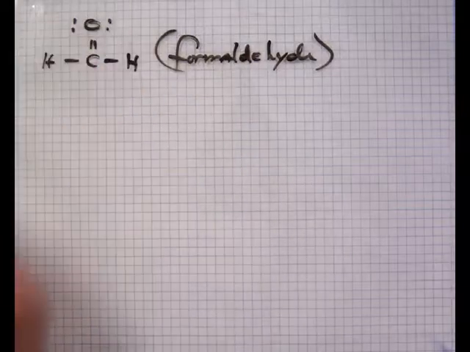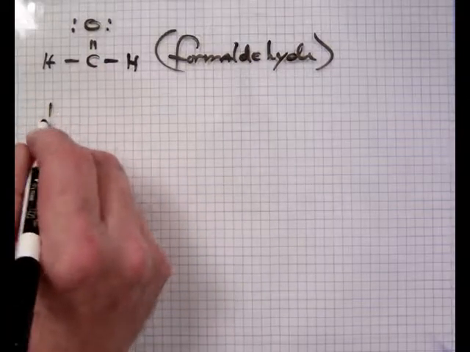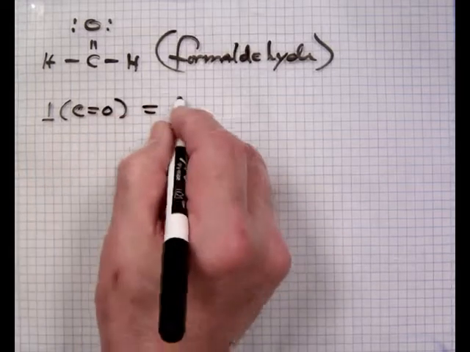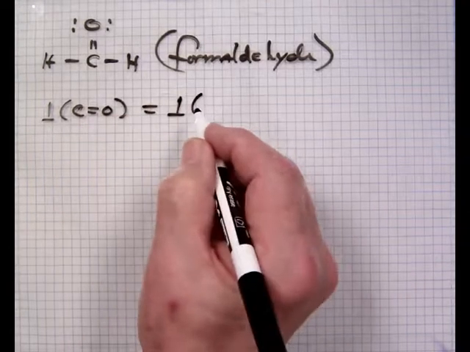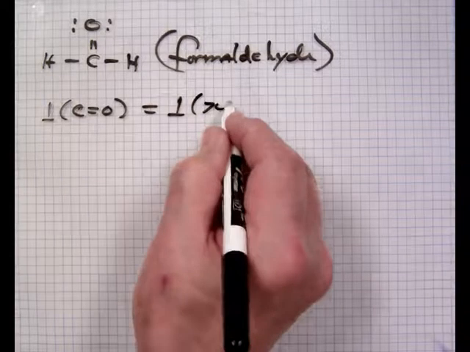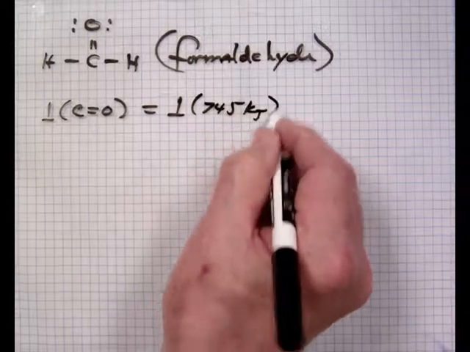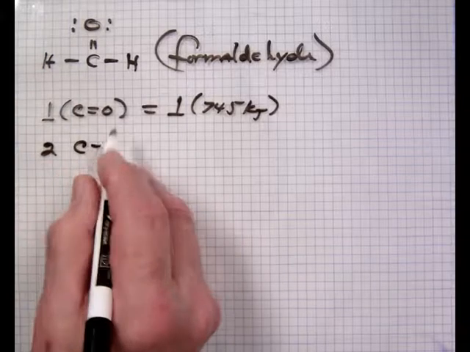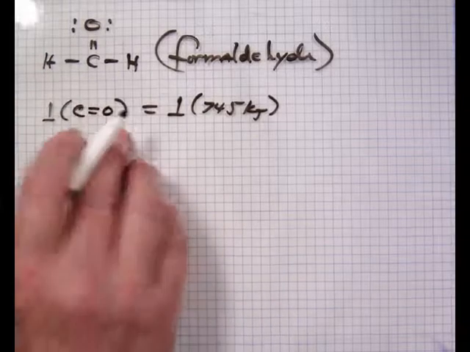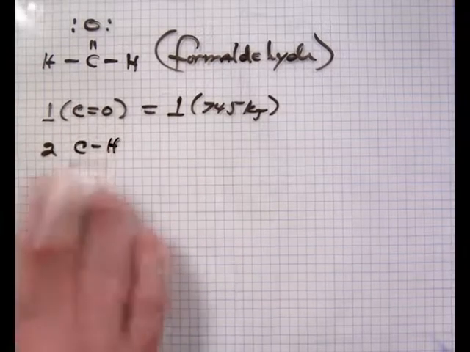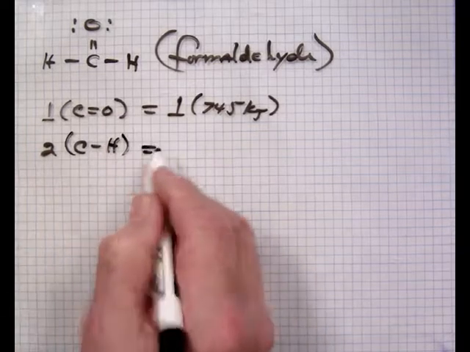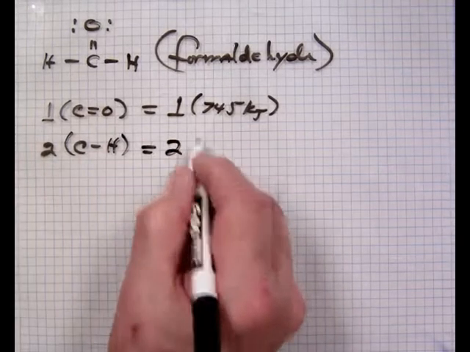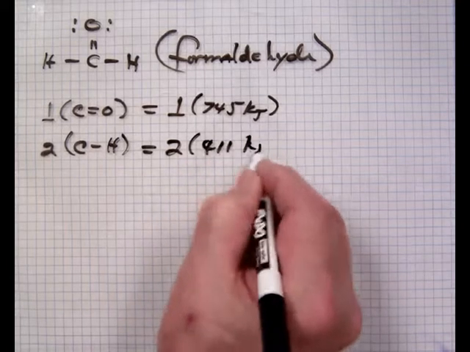So when we look at our bonds, we have 1 carbon-oxygen double bond, and that's 1 times 745 kilojoules. Then we have 2 carbon-hydrogen bonds, and that's still 411, so 2 times 411 kilojoules.